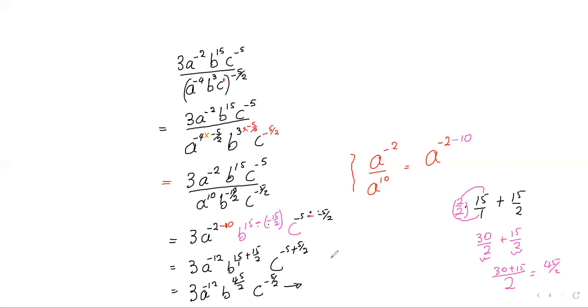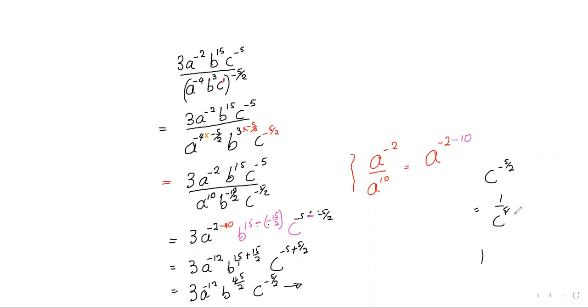Now this, sometimes the examiner can say, write that as positive exponents, and you'll do this. You have c exponent negative 5 over 2. So if you change that, you have c^(-5/2). This can be written as 1 over c exponent 5 over 2.